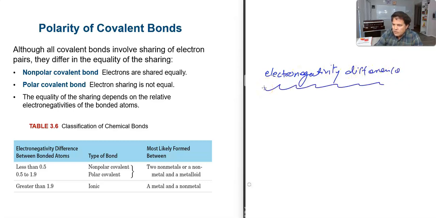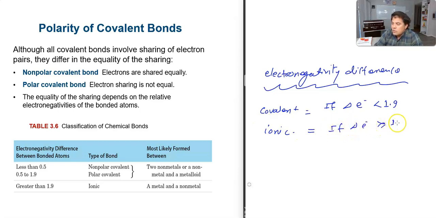We have a covalent bond and an ionic bond, two kinds of bonds. If the electronegativity difference is less than 1.9, then we say that bond is a covalent bond. If the electronegativity difference is greater than or equal to 1.9, we say that is an ionic bond. So that's the definition of ionic and covalent bonds at first.